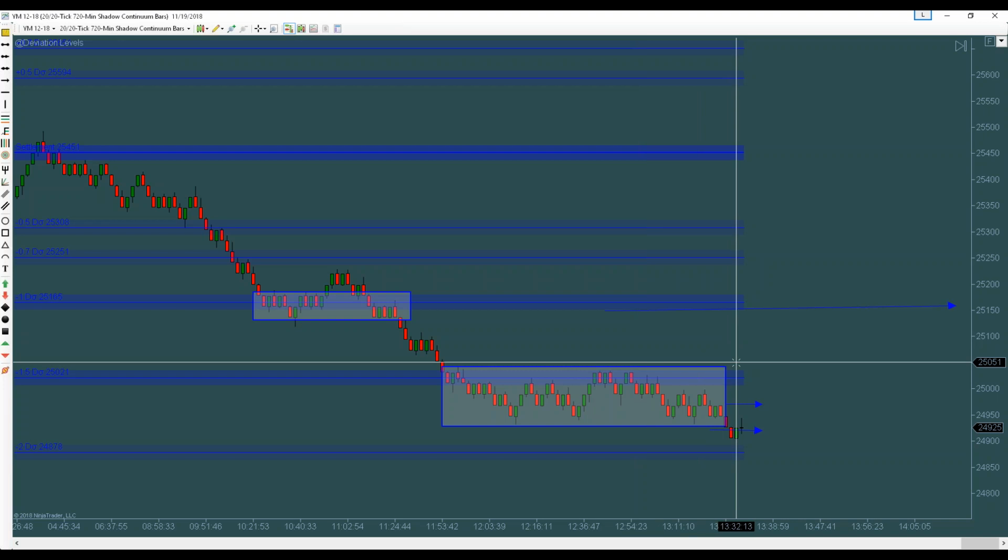You've got options there, but you have to know which option is best for you. There might also be times where there's not a binary available at the level you want, but there's a spread. Or there's not a spread that you want with enough room in it, and a binary might be your only option, okay?